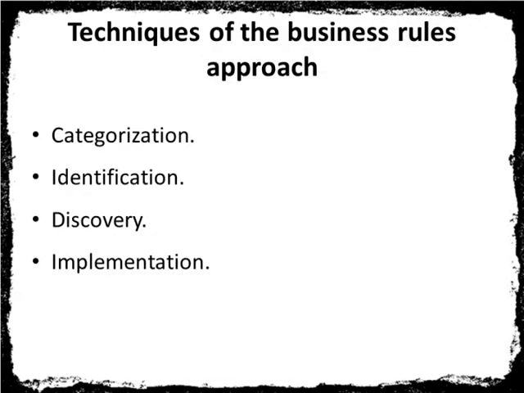Other techniques of the business rule approach is the categorization, meaning that the business rules are categorized in different categories depending on the logic behind them and their role in the business.